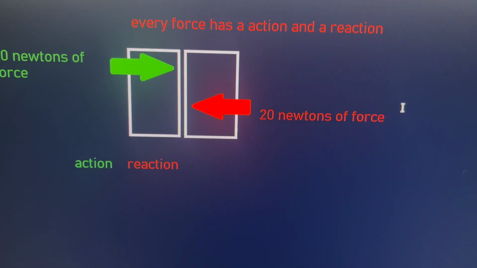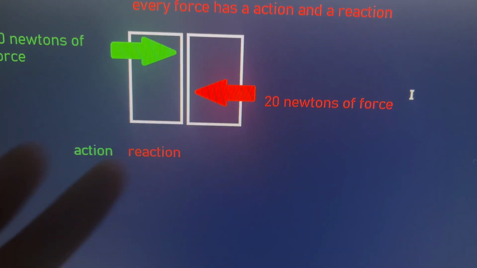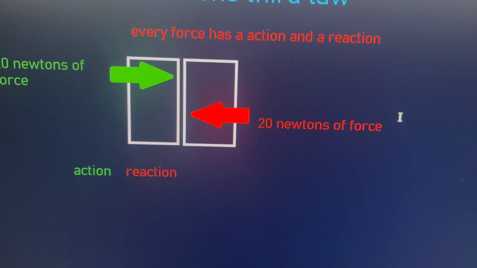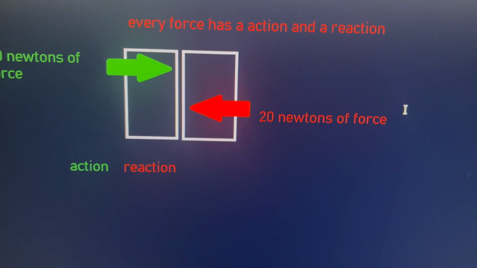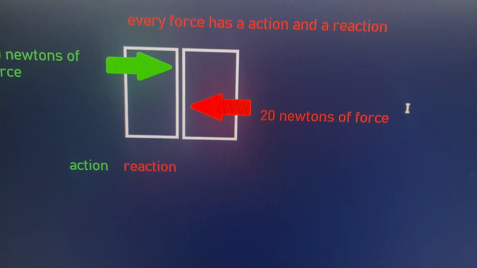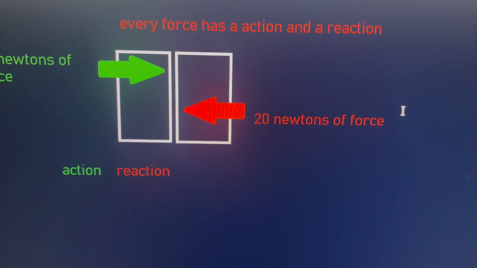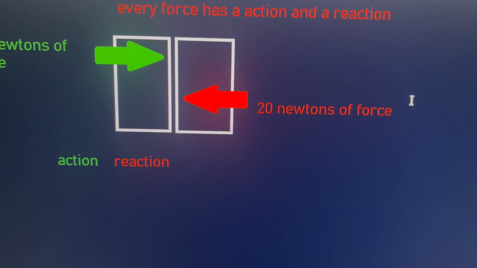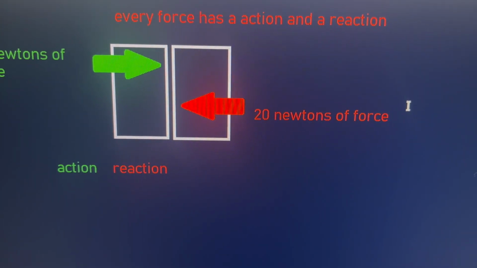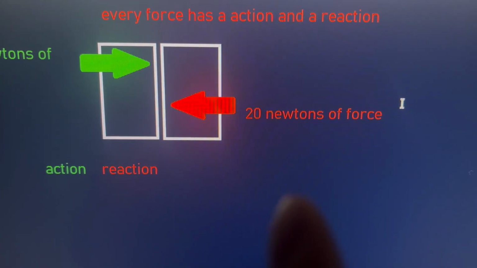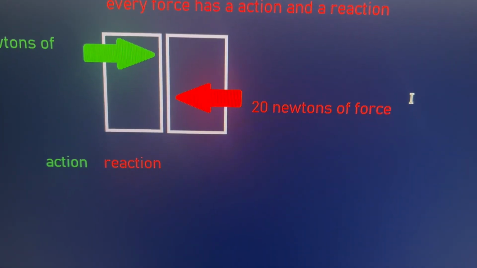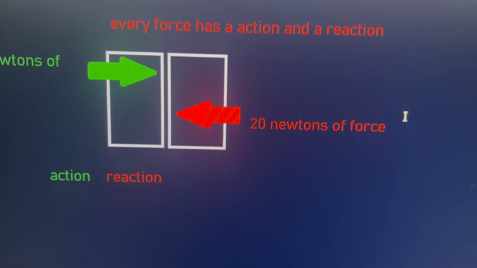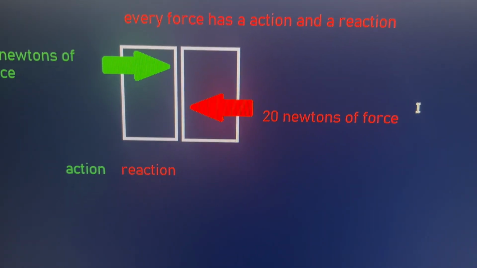The action is the green arrow of force of 20 newtons hitting this object to the right. And once it hits the object at 20 newtons of force, it has a reaction where 20 newtons of force is then sent back towards the opposite direction. It essentially recoils back.